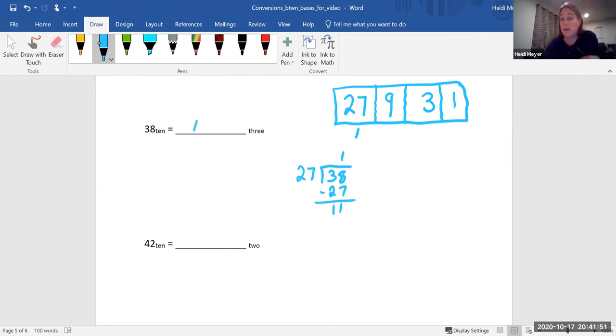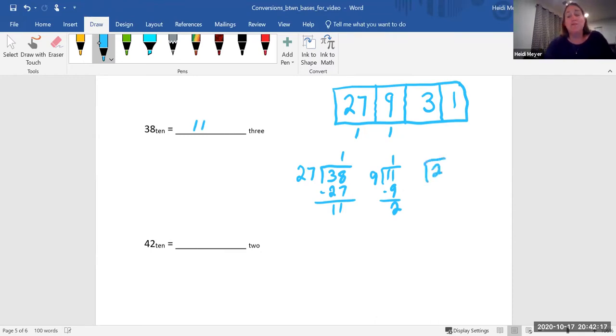Maybe I want to start writing in my answer already. 11 is the remainder. I go down to the next place value, which is a 9. 9 fits in once, and we get a remainder of 2. So 1 group of 9. I have a remainder of 2.